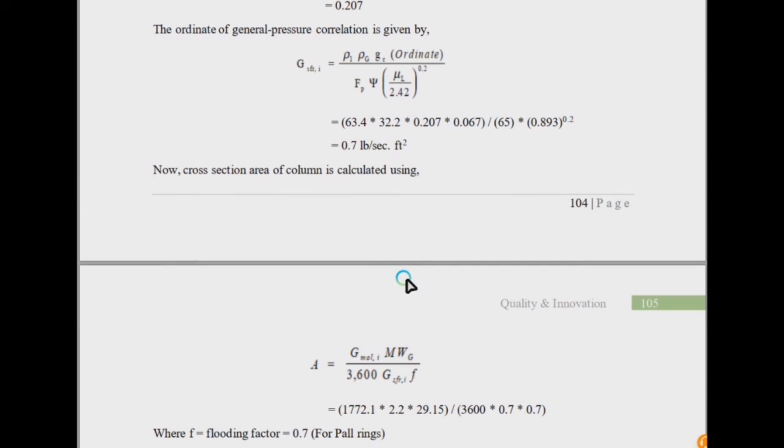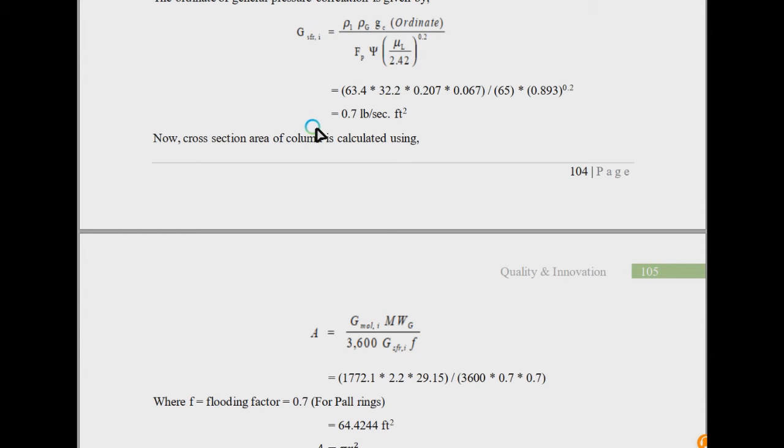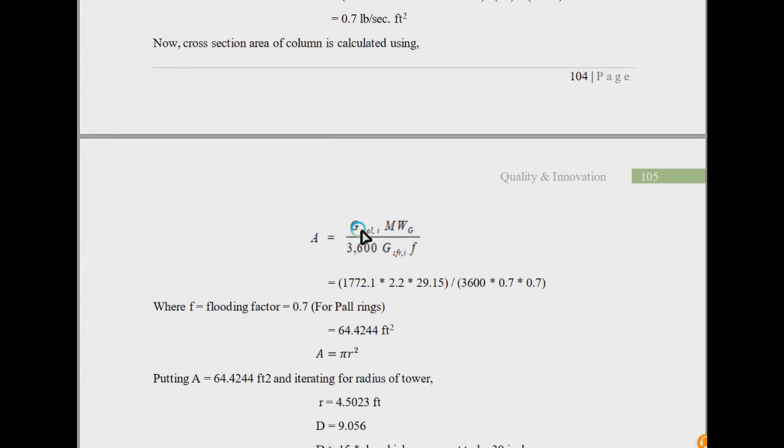But above we found lb per hour. So we can find the area by using the relation G mole I multiplied by MWG, lb per hour, divided by lb per hour feet square. So feet square will come up and the area can be calculated. The 3600 is the conversion from hour to second, and F is the flooding factor.